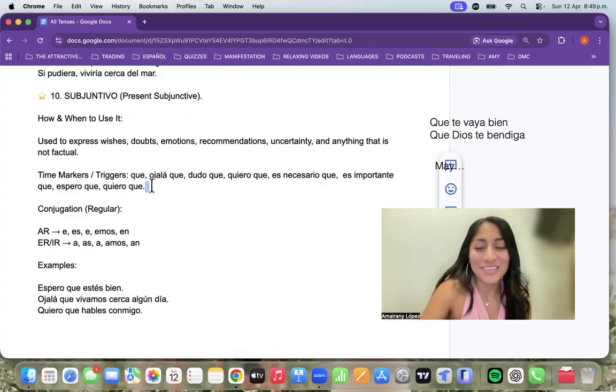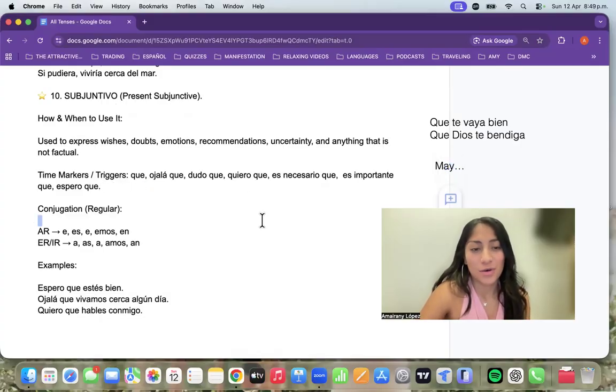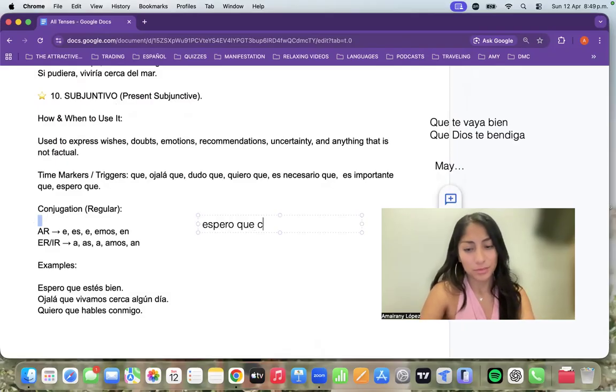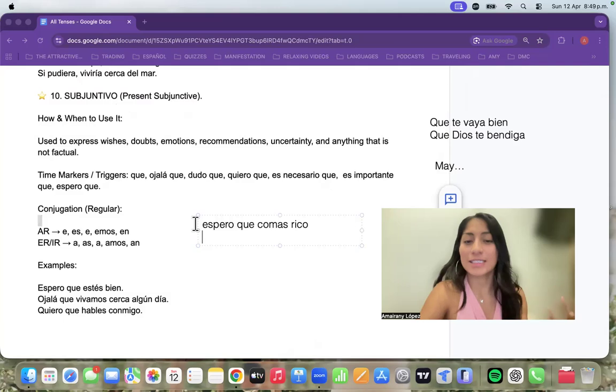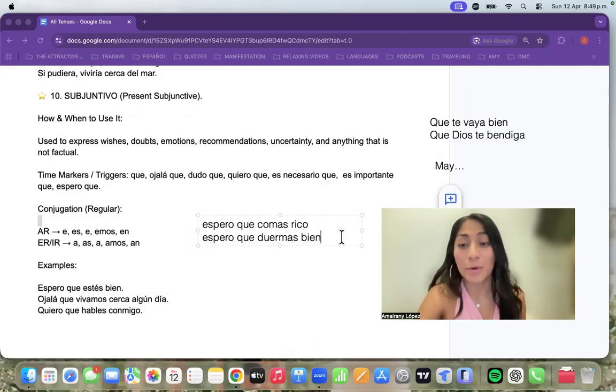Okay, now the conjugation is very backwards. So with the regulars, for example, "espero que comas rico." I hope that you eat delicious food. "Espero que duermas bien." I hope that you sleep well.